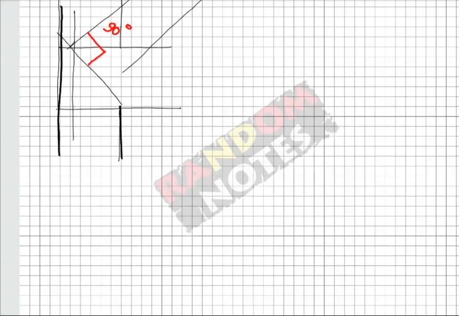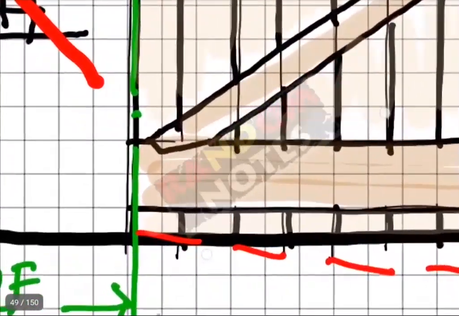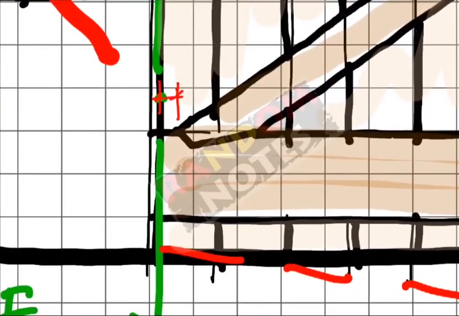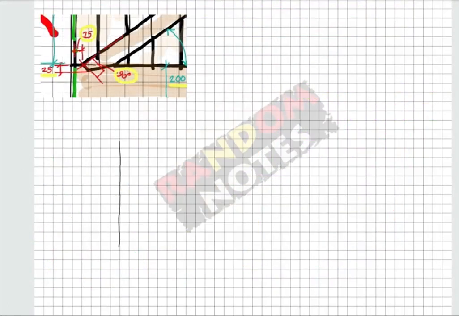In this case, this is 25 mm. A profile of housing is created by taking 90 degrees from the point of meeting of the ledge and the outer edge of the brace up to a depth of the ledge thickness, which is 25 mm here. The profile is completed by joining this small line to the point of meeting of the top of the ledge and the inner edge of the brace.